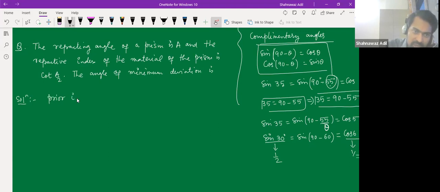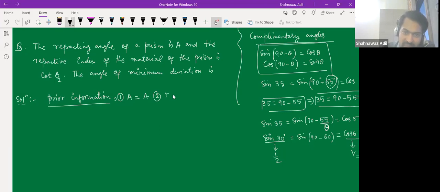Yes, you can tell me. The refracting angle of the prism is A. And the refractive index of the material of the prism is given. A is given, which is A. And second, what is given?